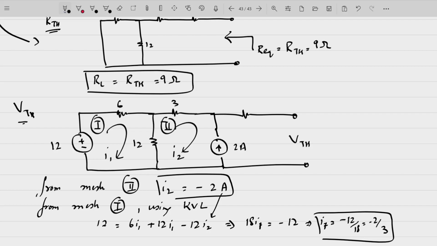What will VTH be? For VTH, you can apply mesh analysis.